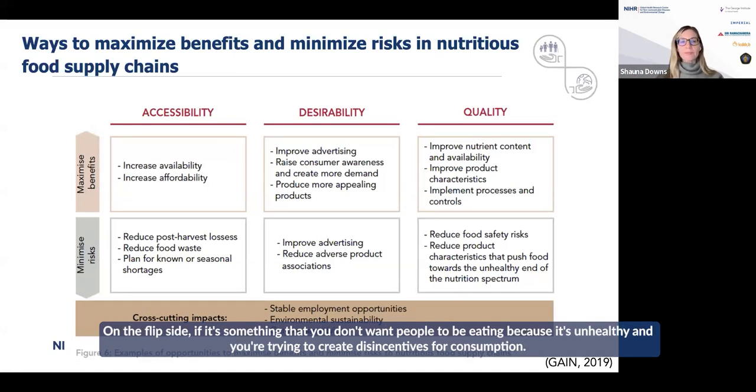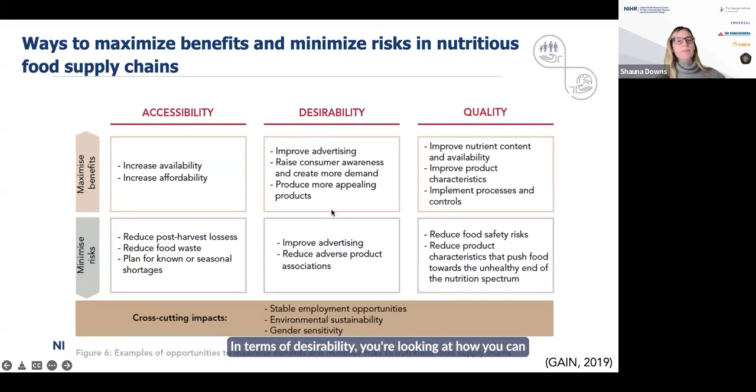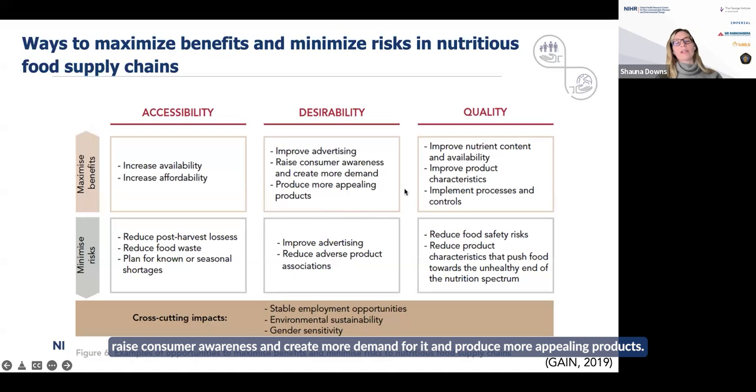On the flip side, if it's something that you don't want people to be eating because it's unhealthy and you're trying to create disincentives for consumption, then you're thinking about how to decrease the availability or decrease the affordability. In terms of desirability, you're looking at how you can improve advertising to promote consumption of that food, raise consumer awareness and create more demand for it, and produce more appealing products.